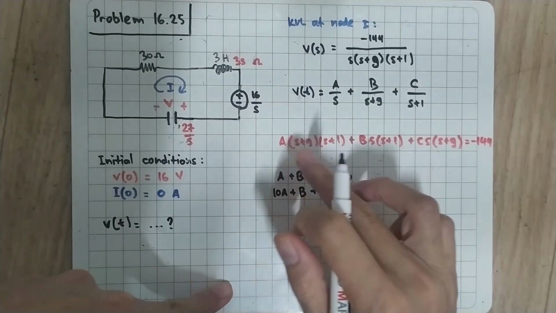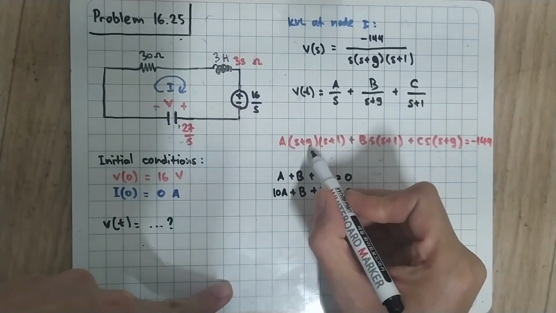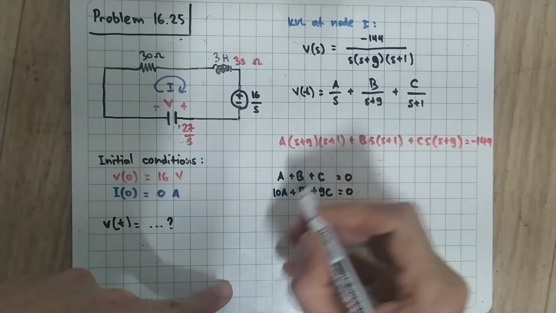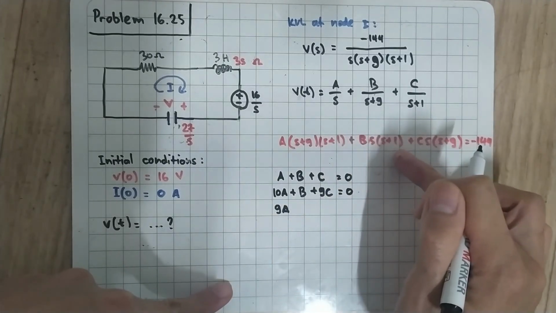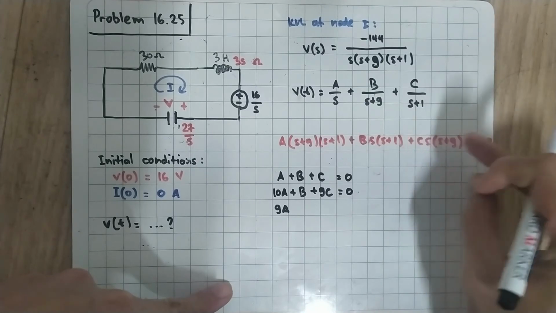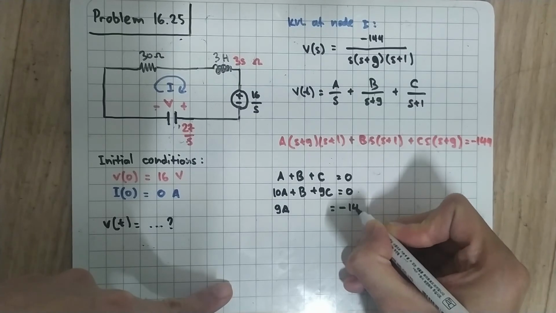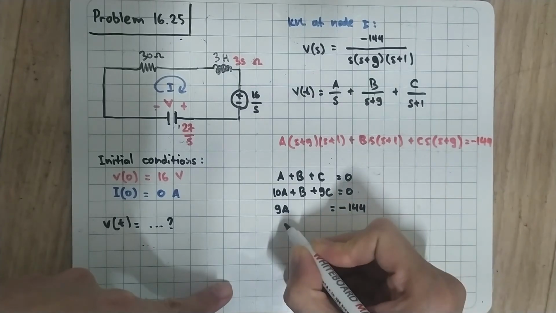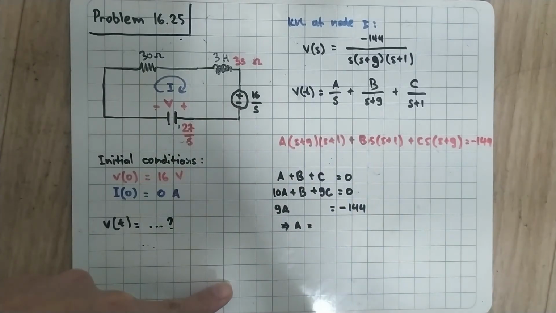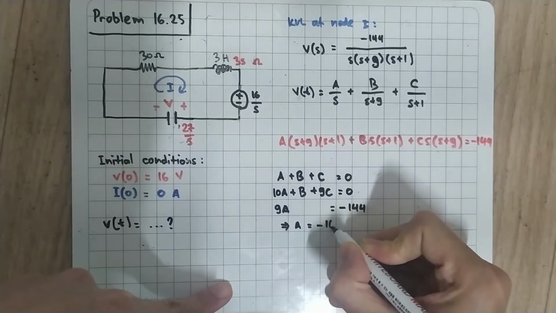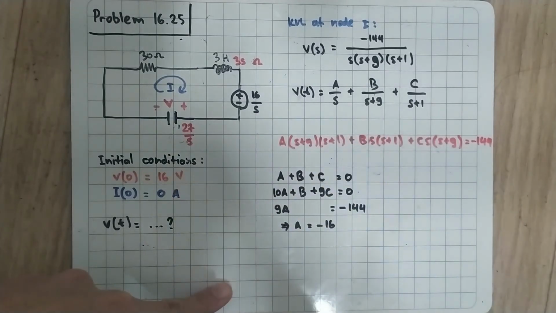And then for the last one, I will have 9 multiplied by 1, 9a, and b does not have the constant term, and c does not have the constant term, and this will equal minus 144, and this will make the value of a minus 16, and then we can just plug a into that value.